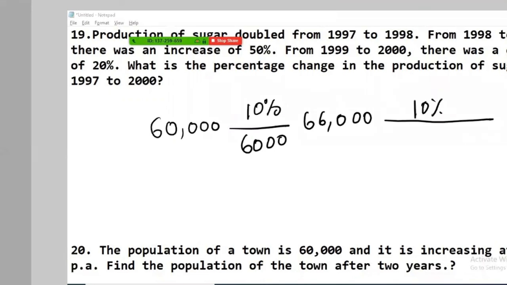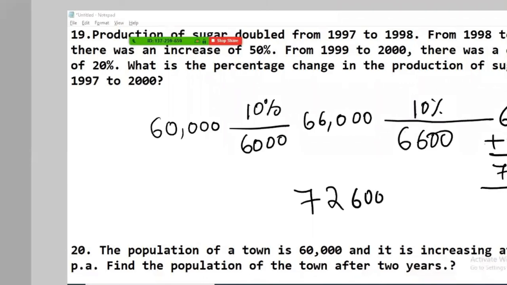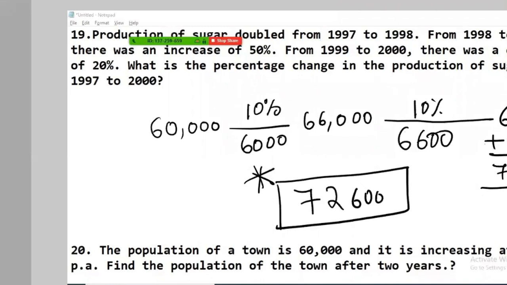What is 10%? 6,600. So after 2 years, it's going to be 66,000 plus 6,600. If you add these values, 6 plus 1 is 7. So after 2 years, the population of the city is 72,600.